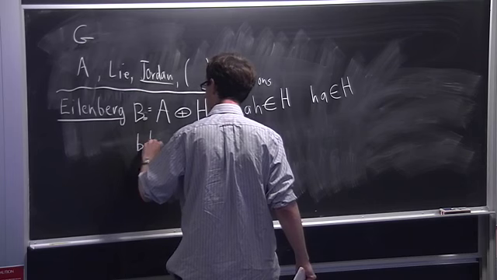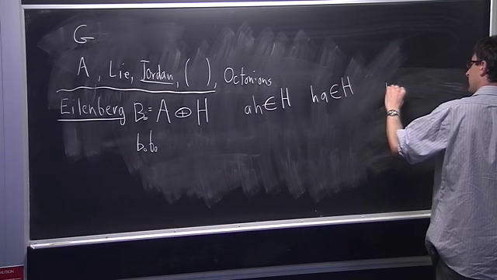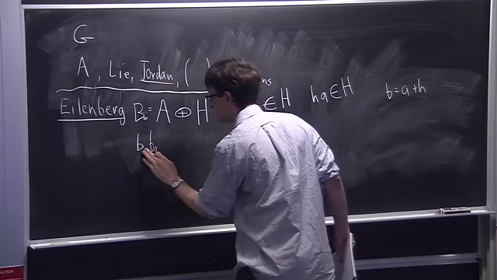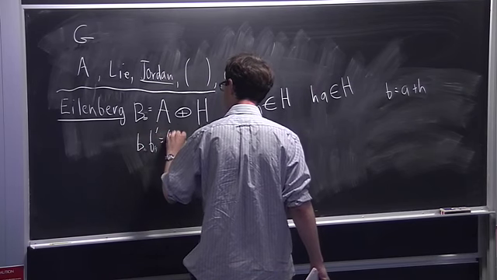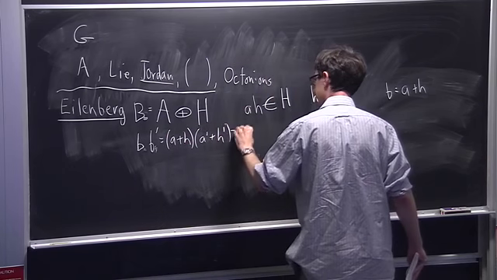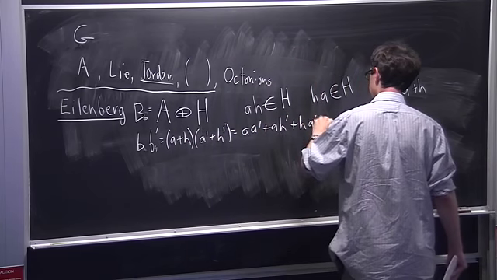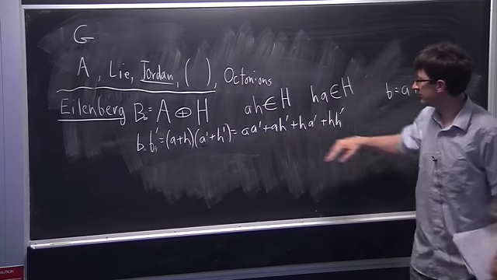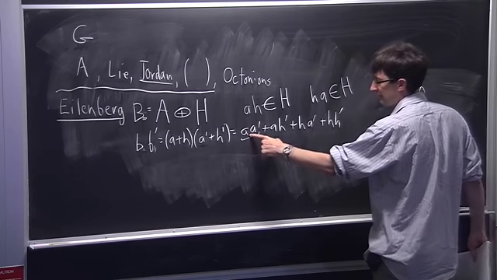If I write an element of B as A plus H, then the product of two elements, if I just write the product and distribute, gives me back an element in A.